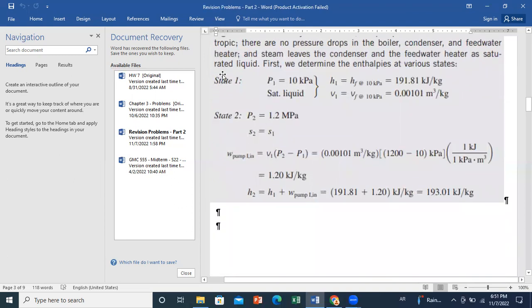As we mentioned, point 1 is a saturated liquid point. We go to the thermodynamic tables for the minimal pressure, which is 10 kilopascal. We find H1 and V1, and in case interpolation is needed, we do it.